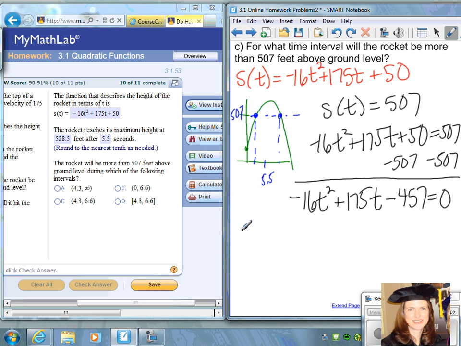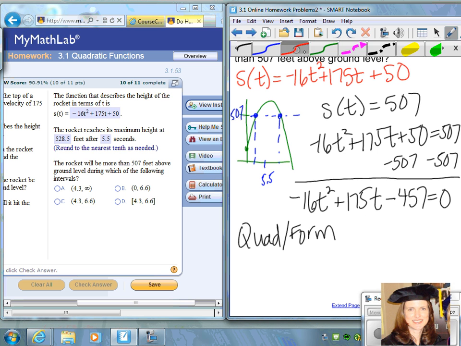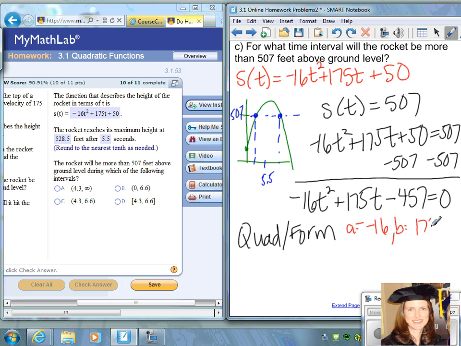Now, by using the quadratic formula, I'm not going to get into it here, but take the time to use the quadratic formula where A equals negative 16, B equals 175, and C equals negative 457. You'll get two values for t.